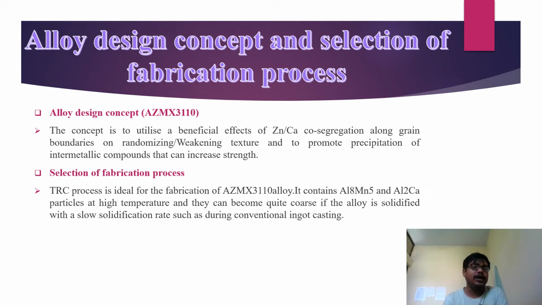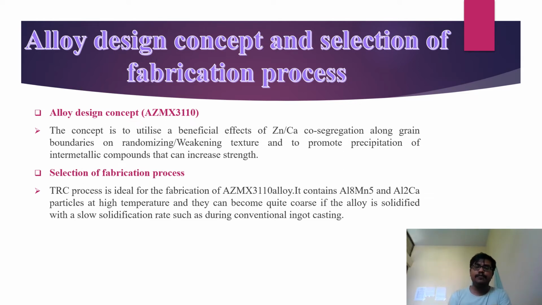At the same time, intermetallic compounds such as Al8Mn5 and Al2Ca are formed inside the grains of the magnesium alloy, which will increase the yield strength of the material. So we are utilizing two things at a time. The first thing is that we are trying to segregate zinc and calcium along the grain boundary, and that is going to increase our formability by decreasing the grain boundary energy.